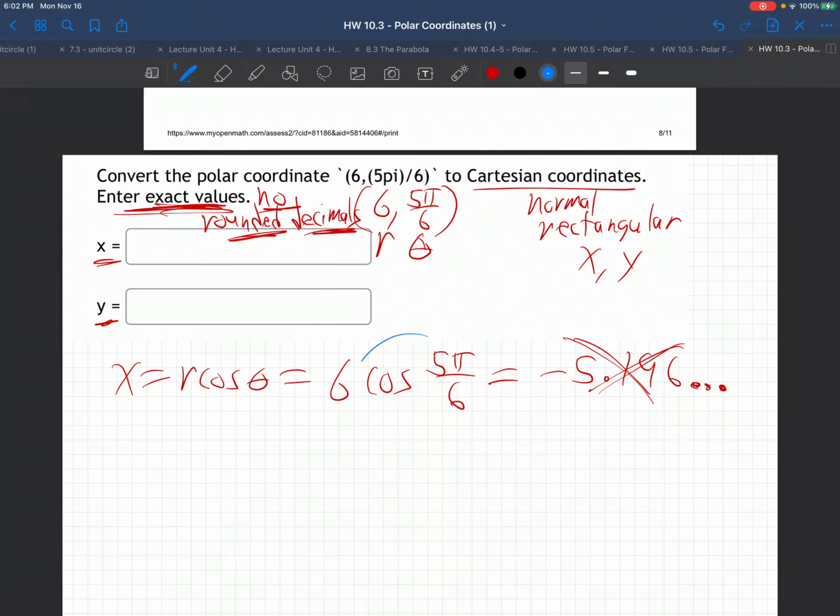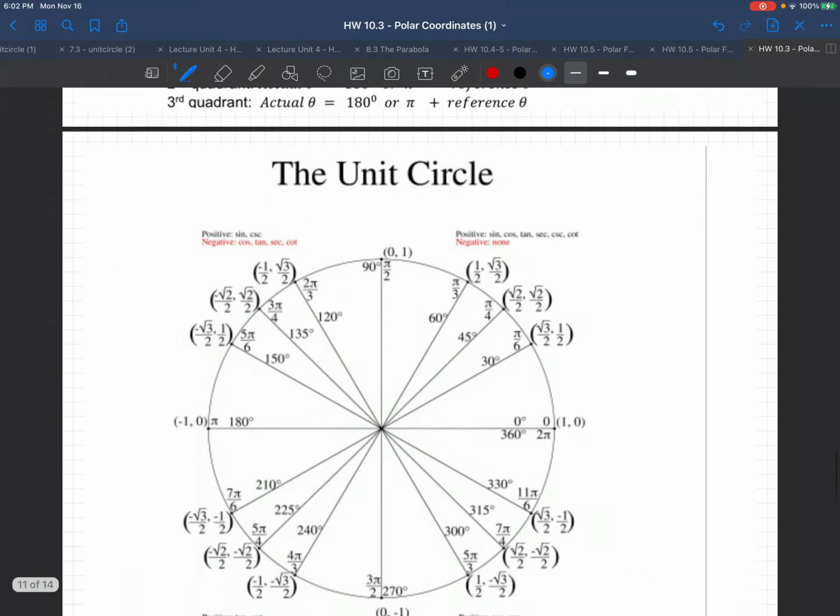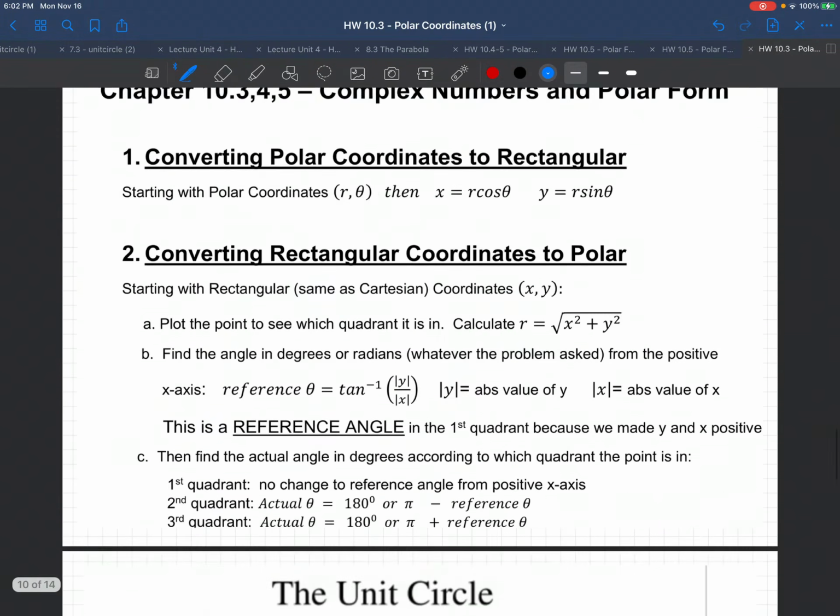Well, we go to the unit circle. Whenever they want exact values, that always means the unit circle has the exact values. That's what we always do when they want us to do a sine or cosine and they want exact values. So here is the unit circle. What angle were we at? 5π/6, right?